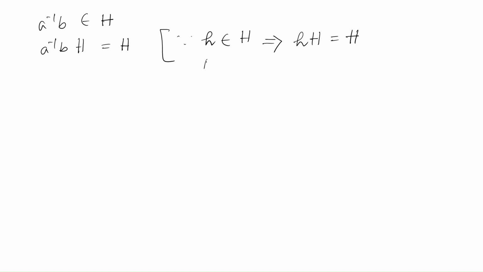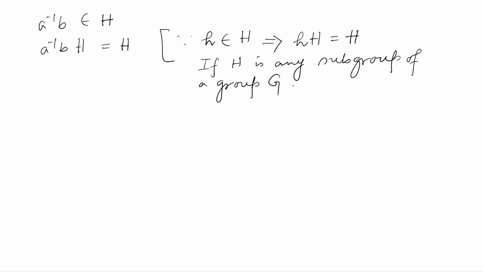Because H is a subgroup of G. We know a theorem: if H is any subgroup of a group G and h belongs to H, then hH equals H equals Hh.